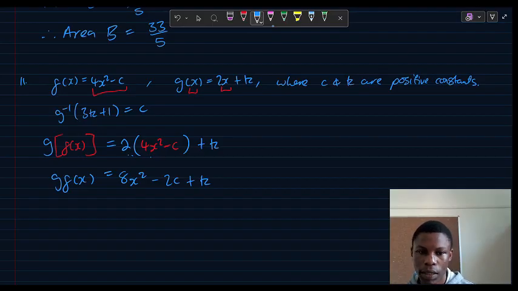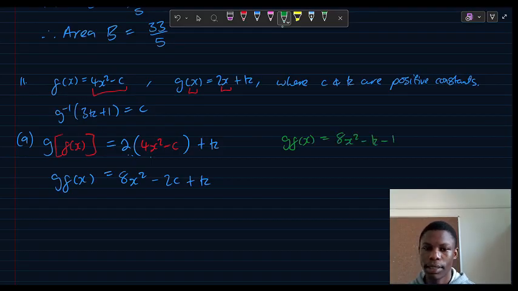All right. So what they want, I should probably write part A here, what they want is gf of x is equal to 8x squared minus k minus 1. So notice that the main difference is that their expression for gf does not have a c.